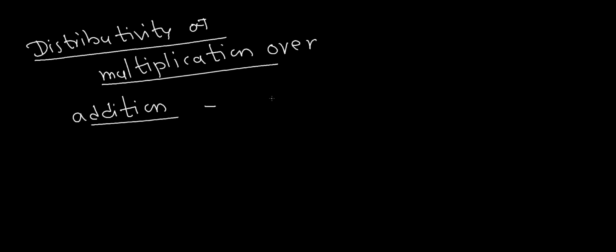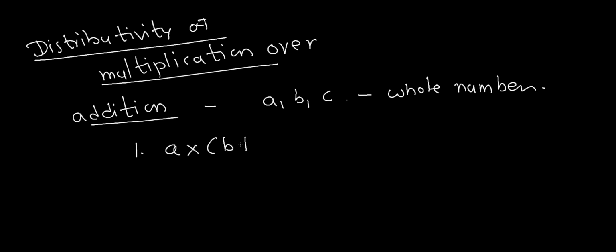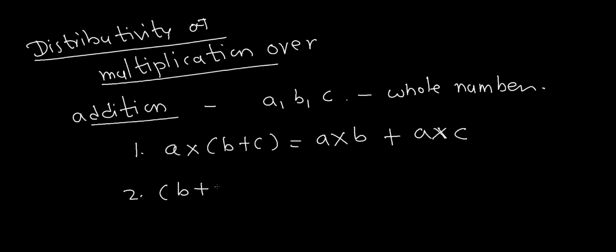That is, if a, b, c are whole numbers, then a into (b plus c) is equal to a into b plus a into c, or (b plus c) into a is equal to b into a plus c into a.